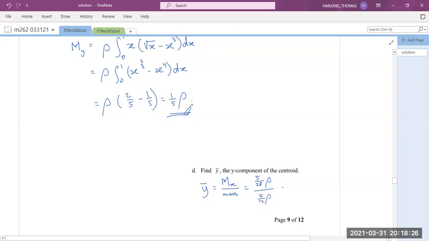The rho cancels, the 5 cancels, that's 12/28 reduced by 4, that's 3/7. That's for number 9.